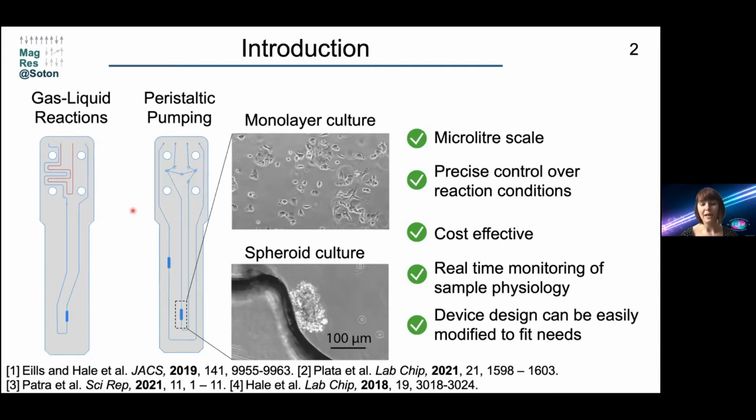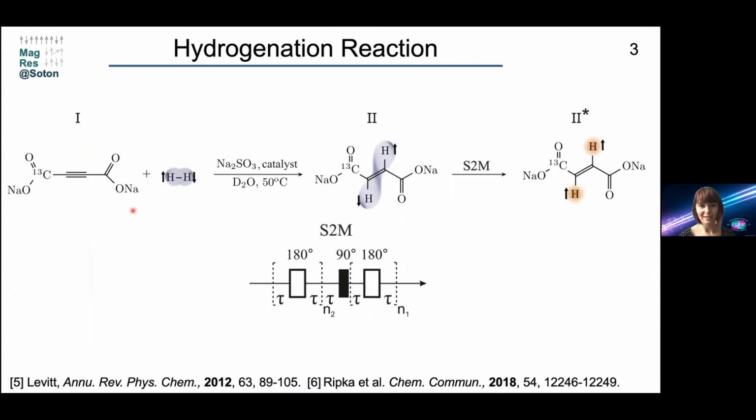The reaction that I'm going to discuss today is a reaction of parahydrogen with acetylene dicarboxylic acid disodium salt in the presence of a ruthenium catalyst, and that results unusually in the production of a trans-hydrogenated product, fumarate.